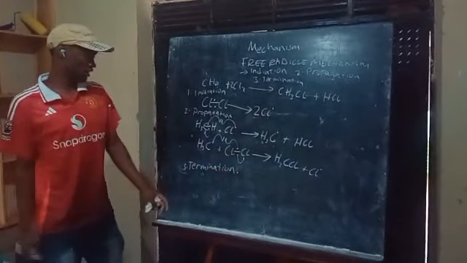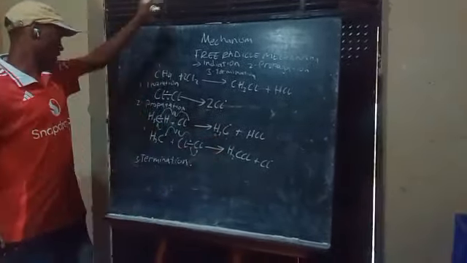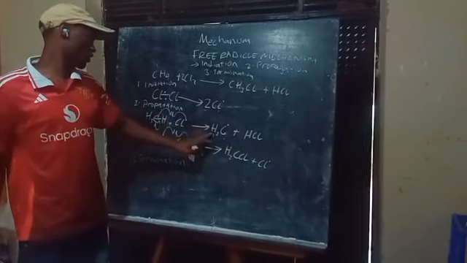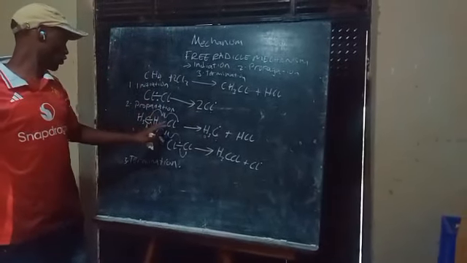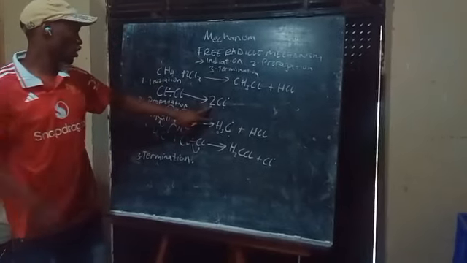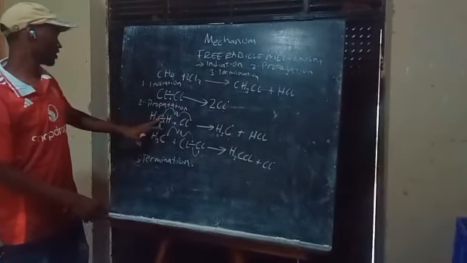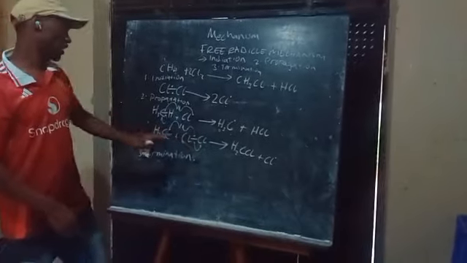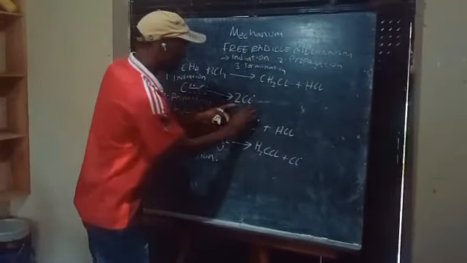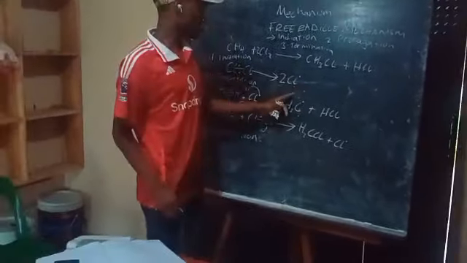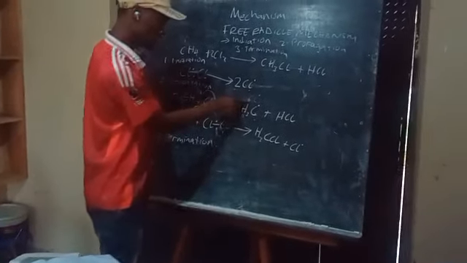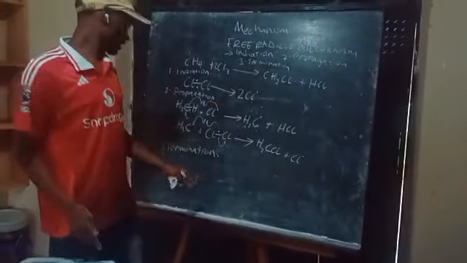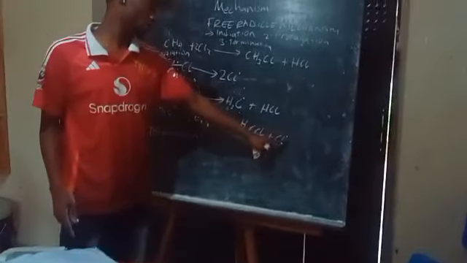So we are saying that in termination, remember, at first we remained with only one chlorine from here that came and reacted with this methane. And now we remained with one Cl here. So this Cl which remained here is going to come and react with this Cl which remained here.